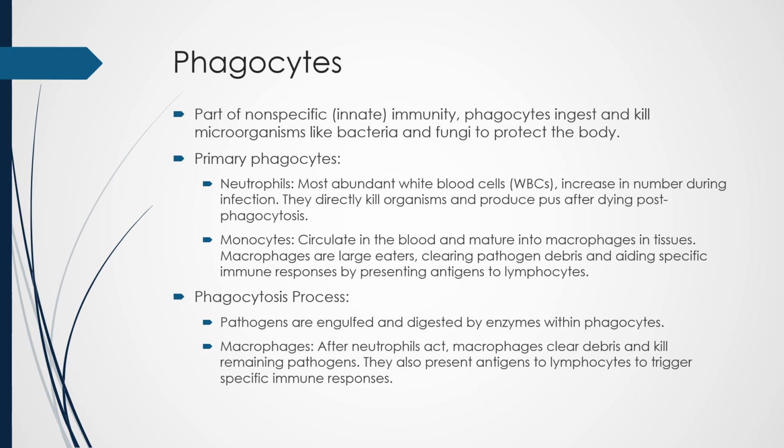The phagocytosis process includes pathogens being engulfed and digested by enzymes within the phagocytes. After neutrophils act, macrophages clear debris and kill the remaining pathogens. They also present antigens to lymphocytes to trigger specific immune responses.